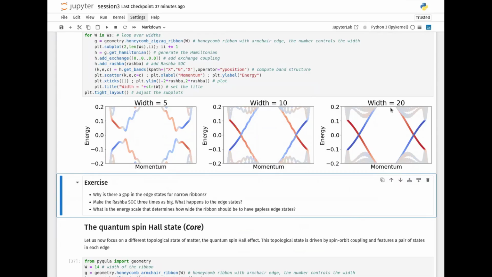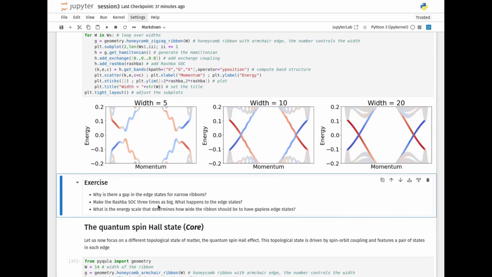But then as you make the ribbon narrower and narrower, then these two states that in principle they are localized in opposite edges, they can start hybridizing because the edges are no longer that far apart. And that is what happens here. So when the width is small, so when the system is relatively narrow, then your two edge states hybridize and they open up a gap. Okay, so let us go to the next one.